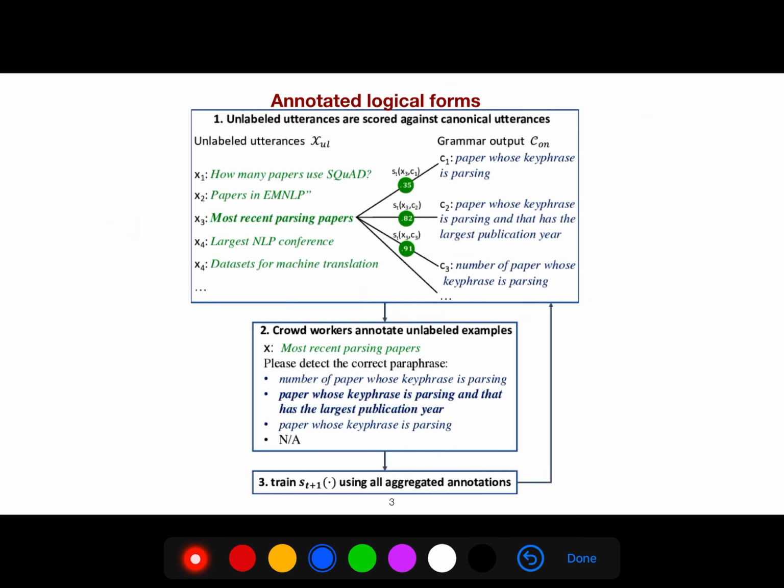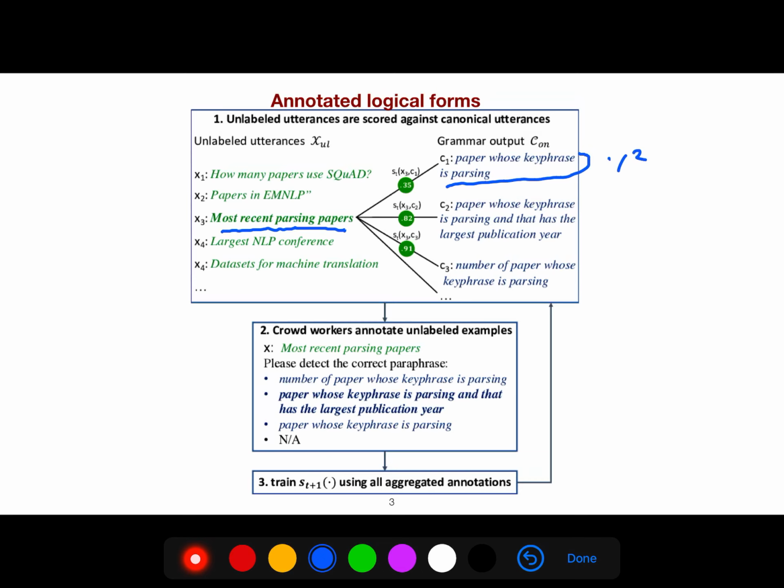And the annotated logical forms, it's very expensive to just hire some people for annotation. If you have lots of things to do, such as, for example, an unlabeled utterance, like most recent parsing papers, you could say, which one has the highest probability? Paper whose key phrase is parsing, let's say 20%.